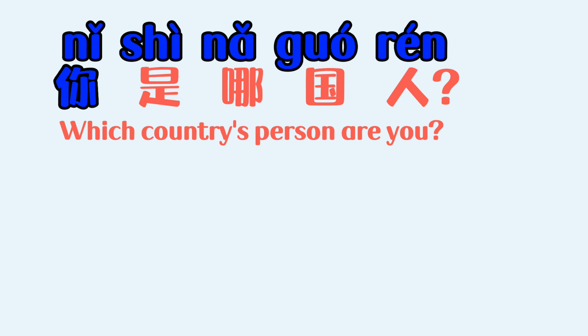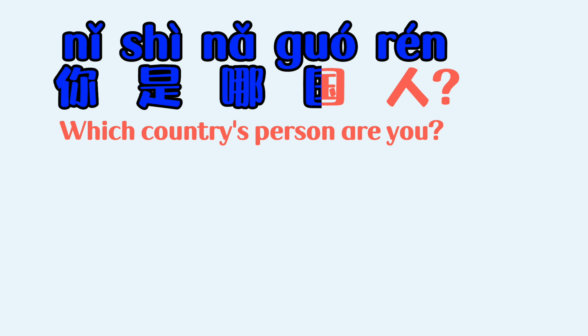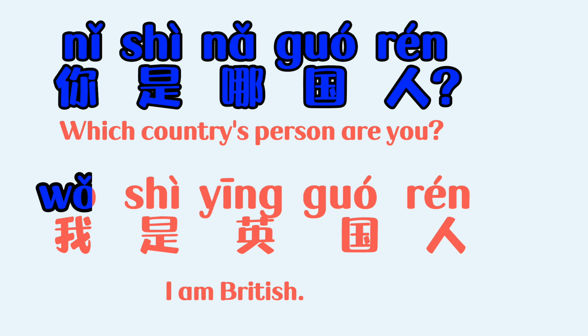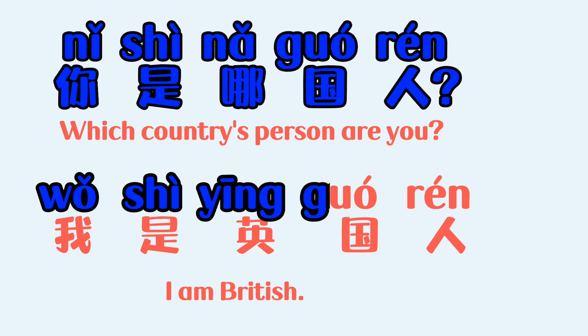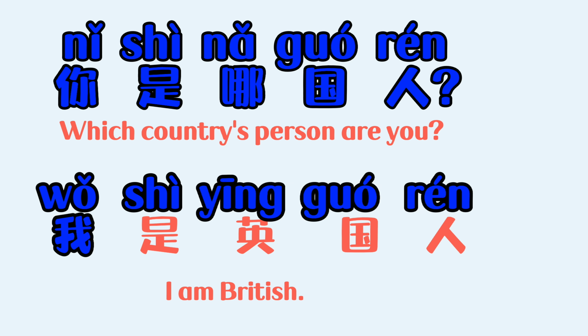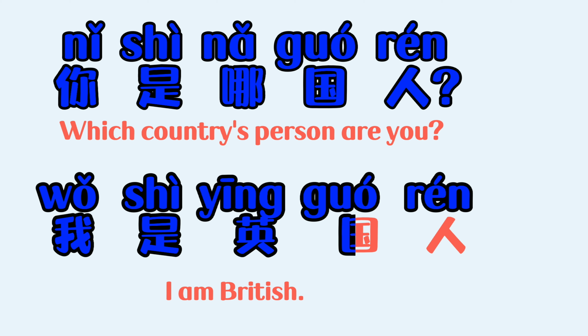Which country's person are you? 你是哪国人? 你 you, 是 is, 哪 which, 国 country, 人 person. 你是哪国人? If you want to say I'm British, you can say 我是英国人. I'm British.